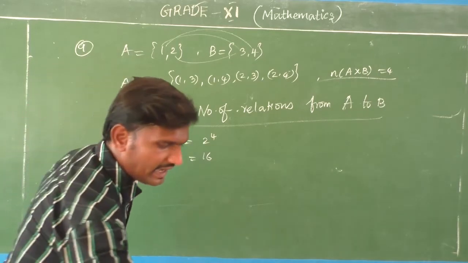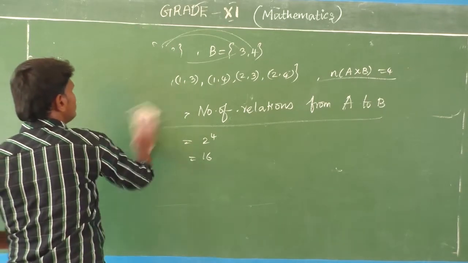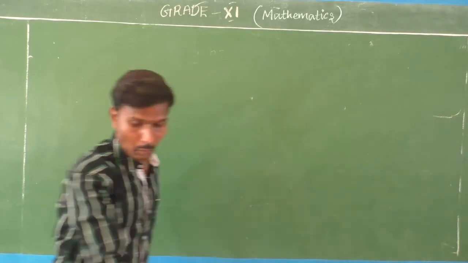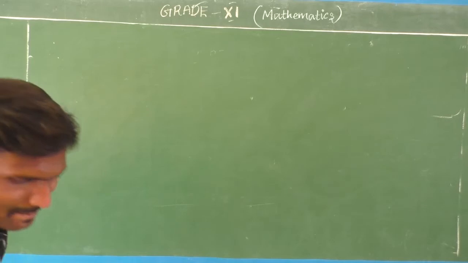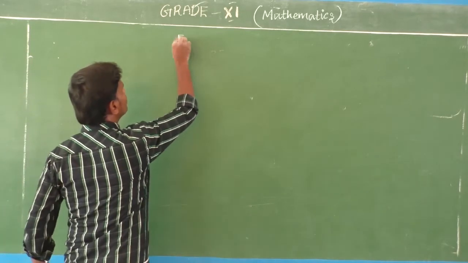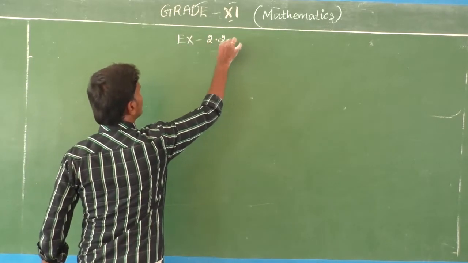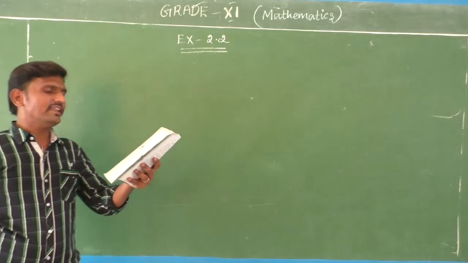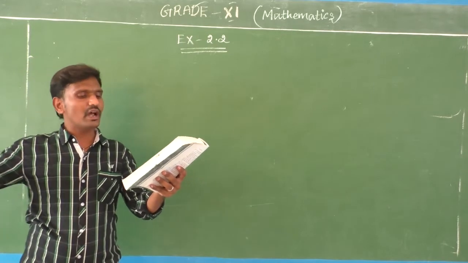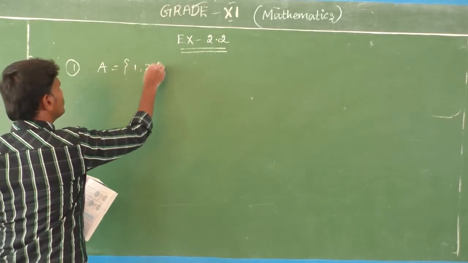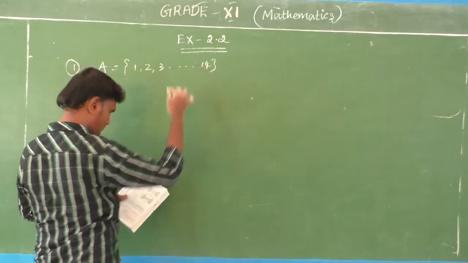Yes, fine. And now the exercise sums. Now listen, exercise 2.2, the first question. A is equal to {1, 2, 3, 4, up to 14}.